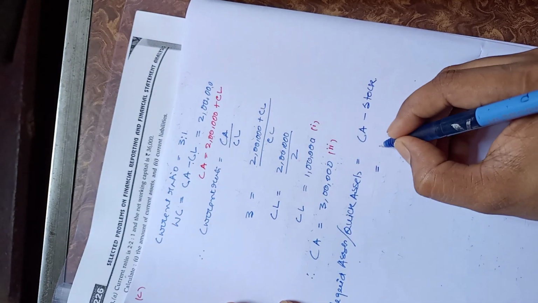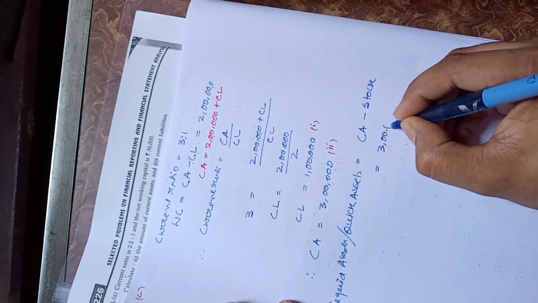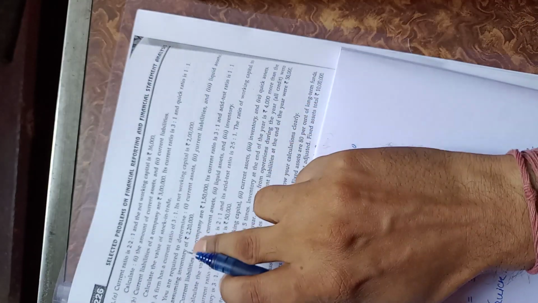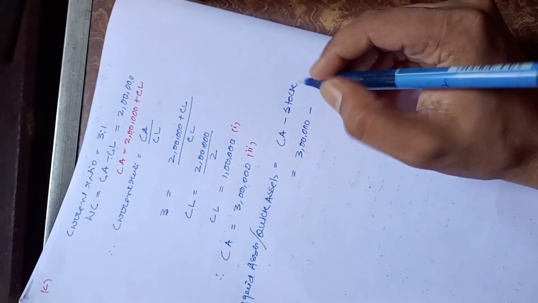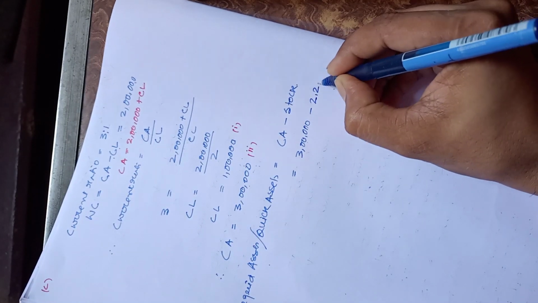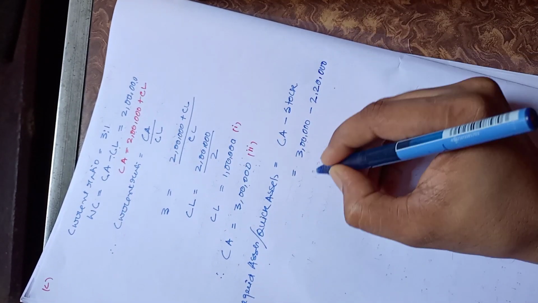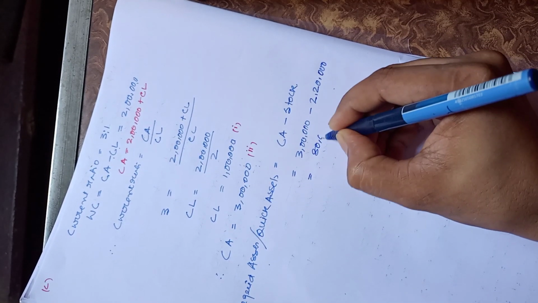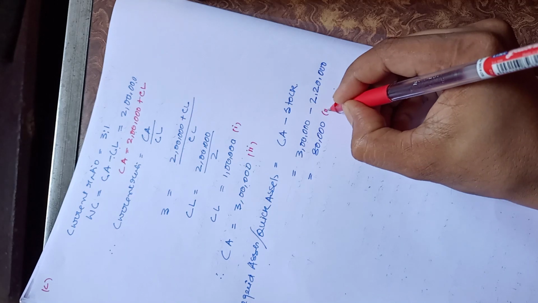So we know the current assets is 3 lakhs. And what is the value of stock? The value of stock is 2,20,000. So the quick assets is 80,000. This is the answer for 3.